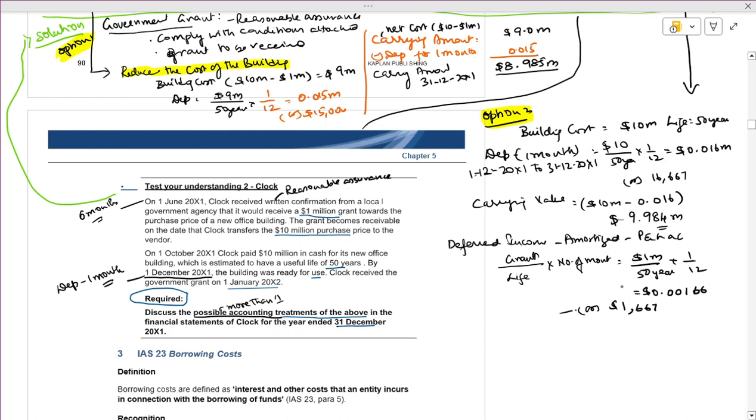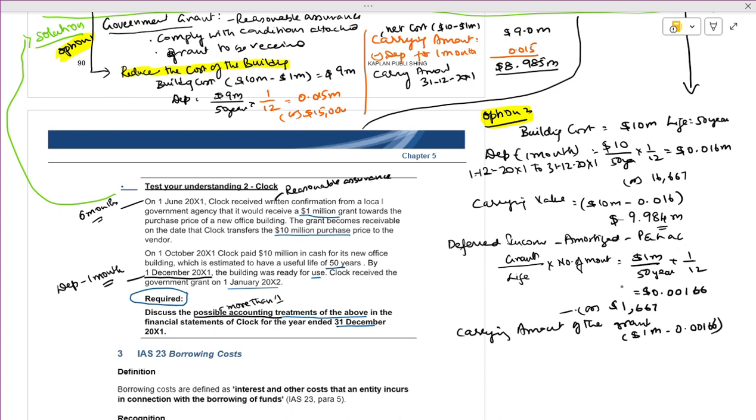Now, what is the carrying amount of the grant in the financial position? Carrying amount of the grant is 1 million minus 0.00166.